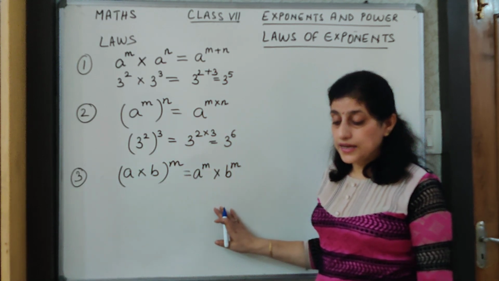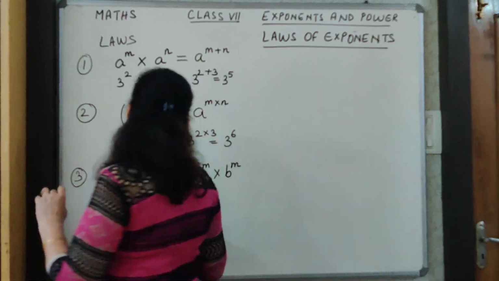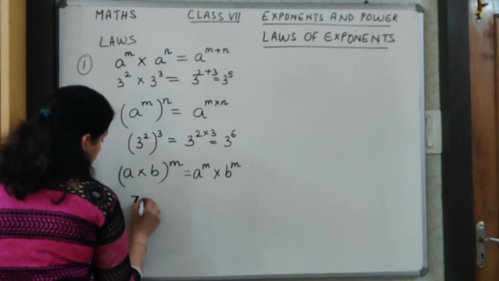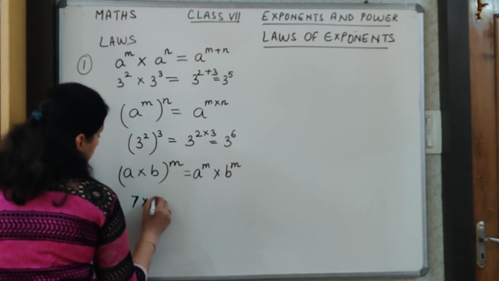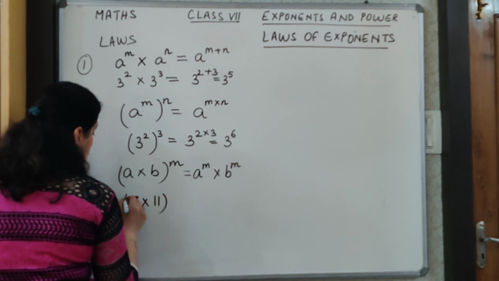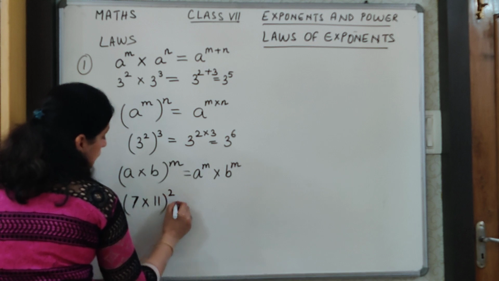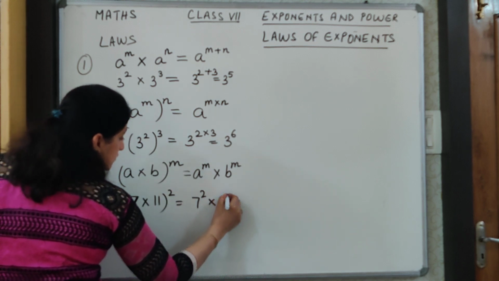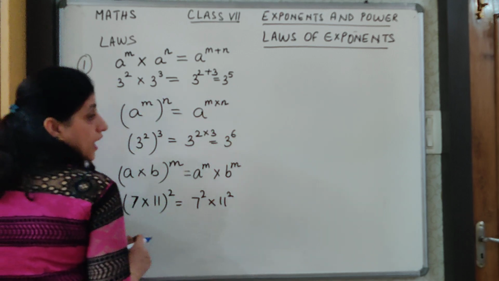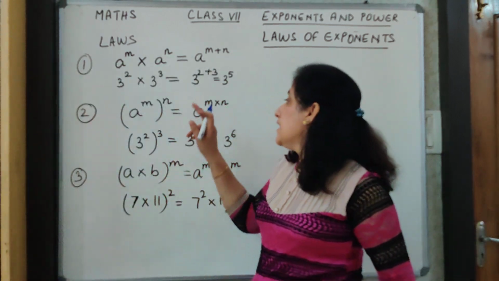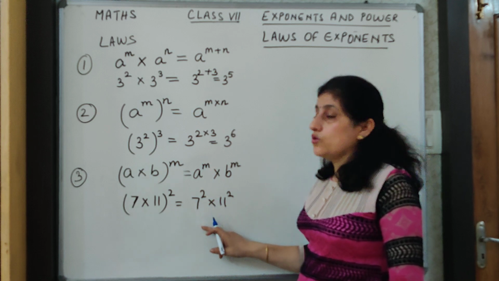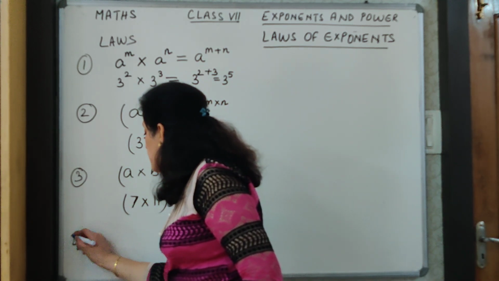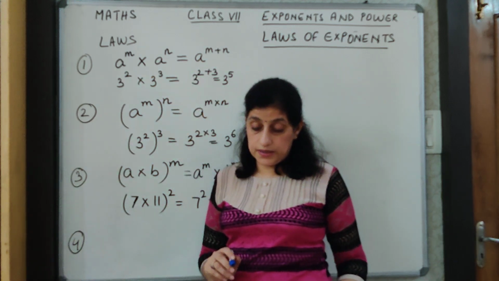It can be written like this also. Let me take up an example. Suppose I have 7 into say 11 whole to the power of 2. So this will be 7 to the power 2 into 11 to the power 2. I hope you all are understanding. Having a basic knowledge of these laws is very important. Then only we can proceed or we can solve the exponents.